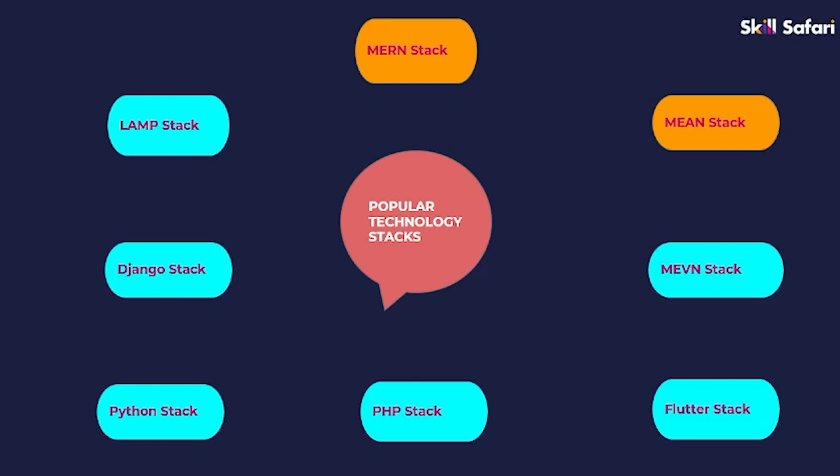So what is MERN stack? It is MongoDB, Express.js, React.js and Node.js. What is MEAN? MongoDB, Express.js, Angular.js and Node.js. These are some of the popular stacks, and the very common stacks which all developers are using are MERN and MEAN.